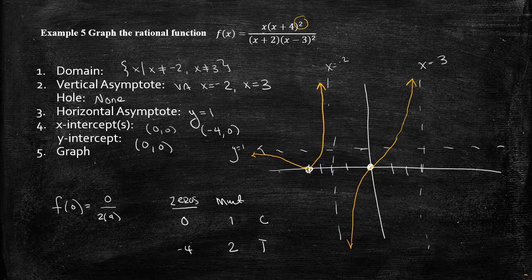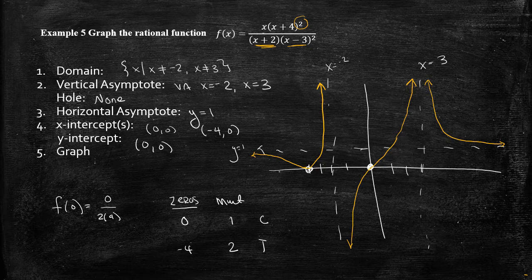Since x plus 2 is raised to the first power, I know that the function will go to 2 different infinities on either side of that asymptote. However, I now have (x minus 3) quantity squared, so the graph will go off to the same infinity. Plus I need to stay away from the x-axis over here on the right because I do not have another x-intercept.